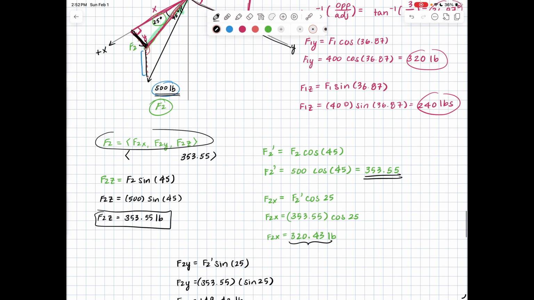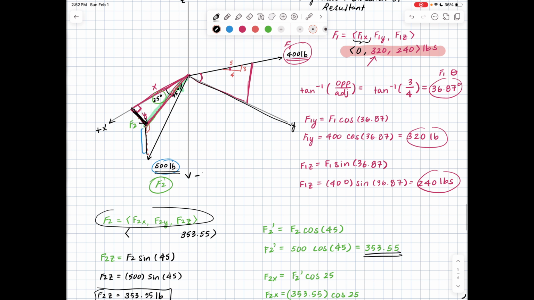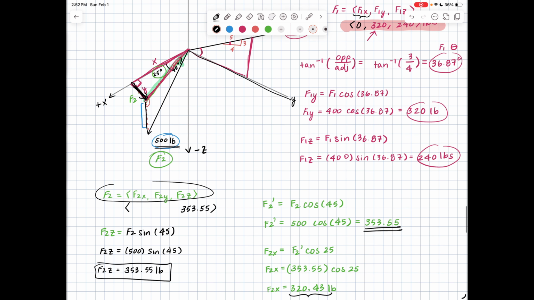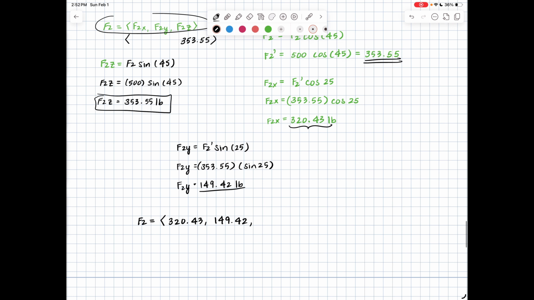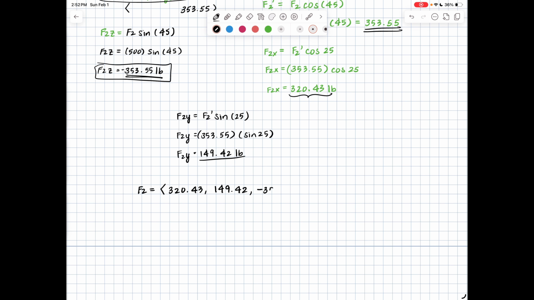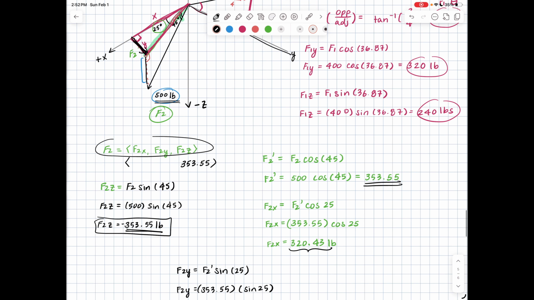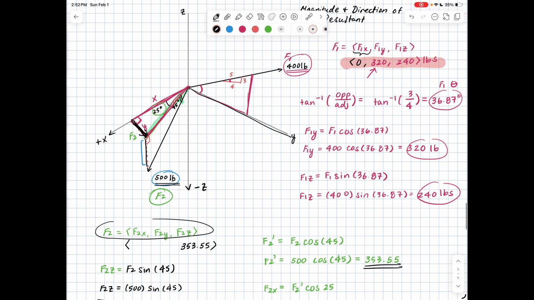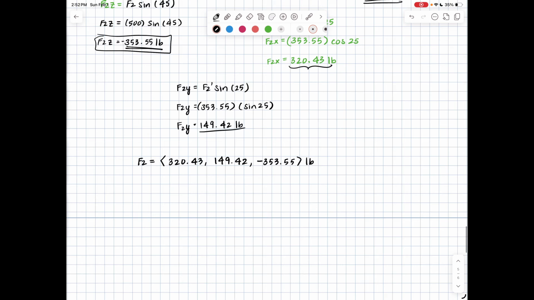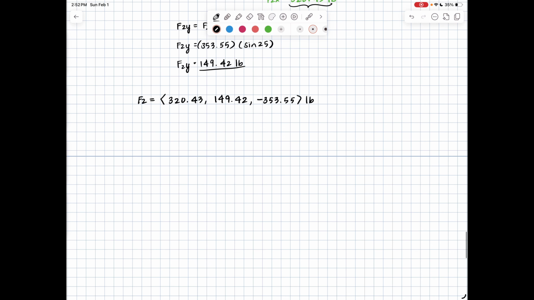And my z is actually in the negative z direction. It's pointing downwards. So it's going to be negative 353.55 pounds. Okay? So now that we have our F1 and F2 components, we can get our resultant.